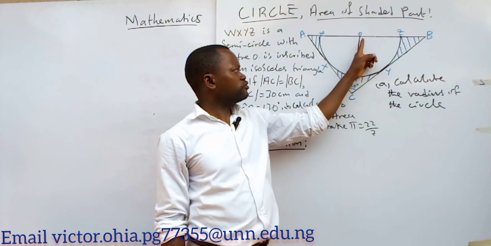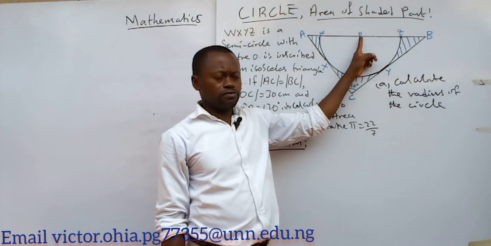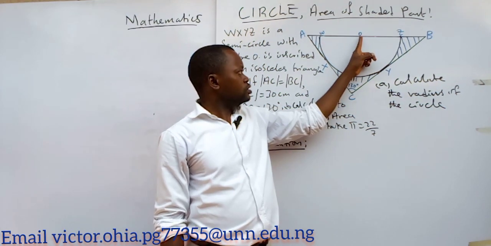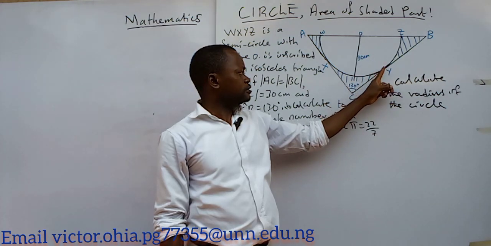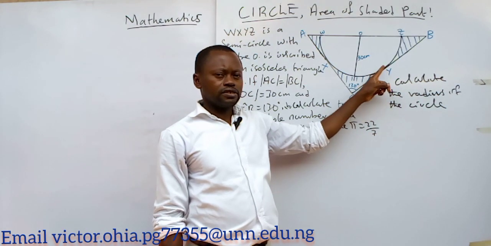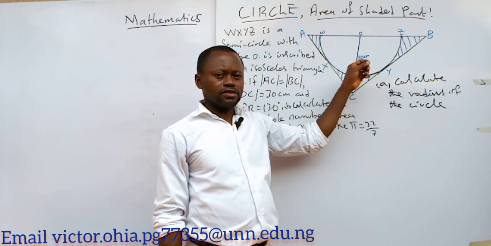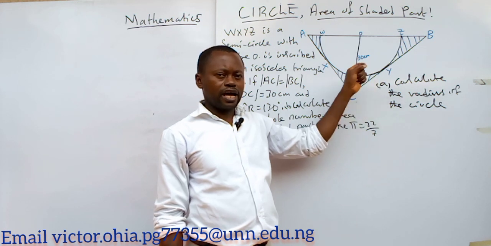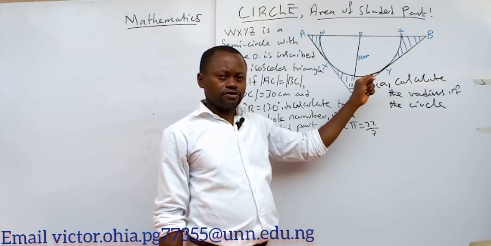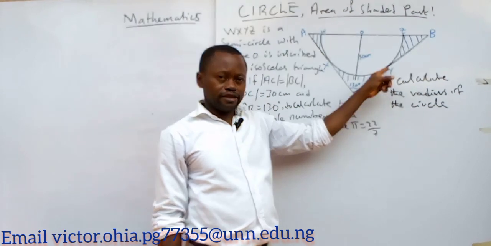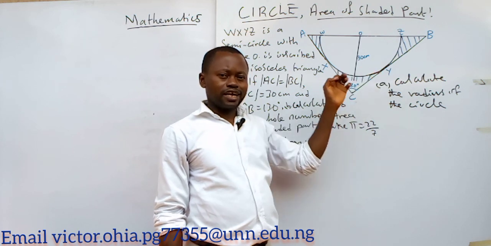So if there is any line coming from this center of this circle, though a semicircle, but this is a circle, this center is here. Once there is a line coming from this center and coming down to this point, and it touches this tangent to this circle at a point, that theorem says that which is perpendicular to that tangent is at a right angle to that tangent, meaning that the angle formed between that line and the tangent to the circle is 90 degrees.